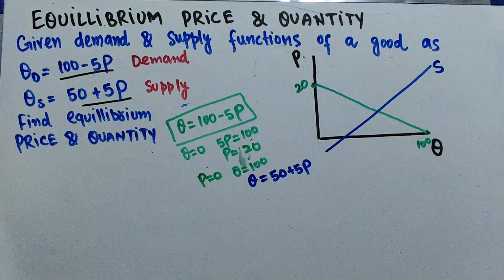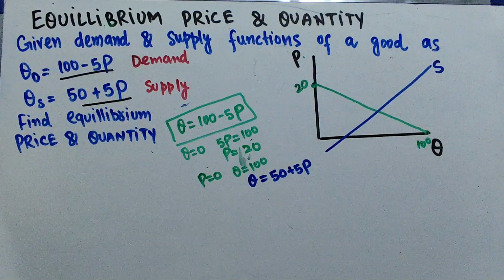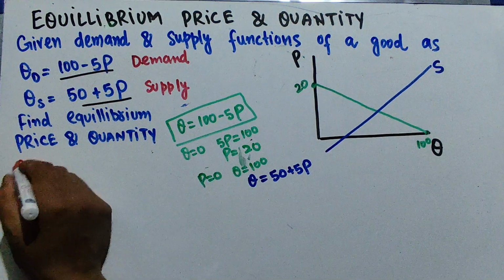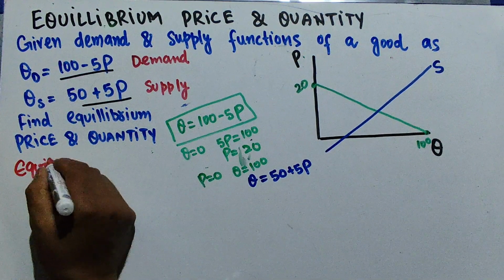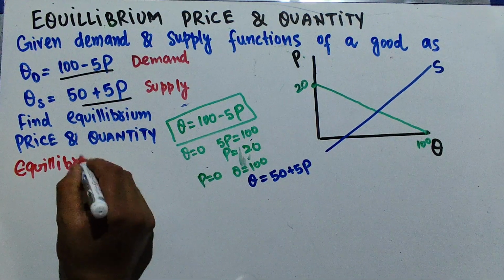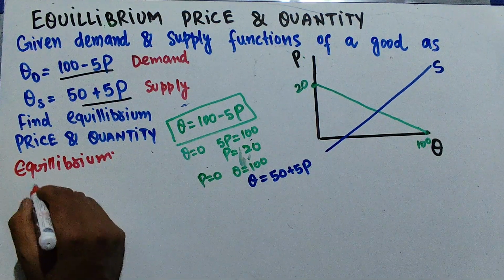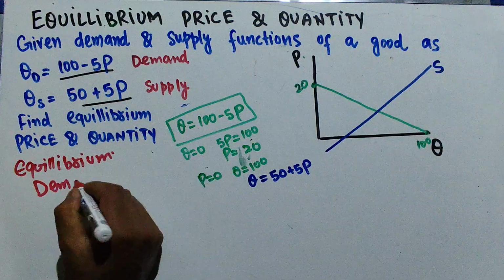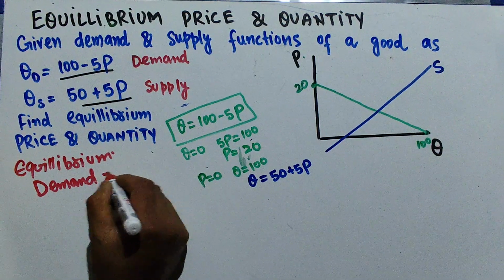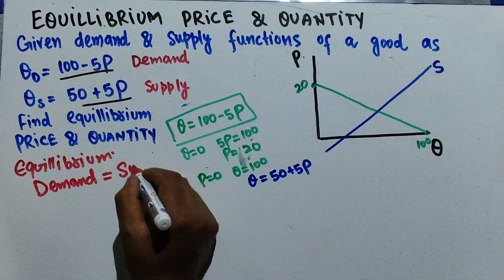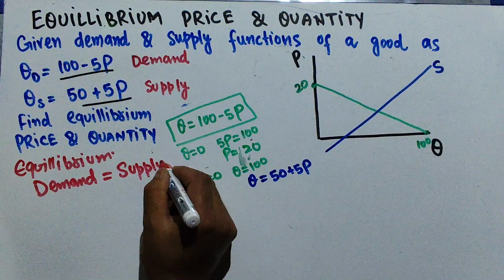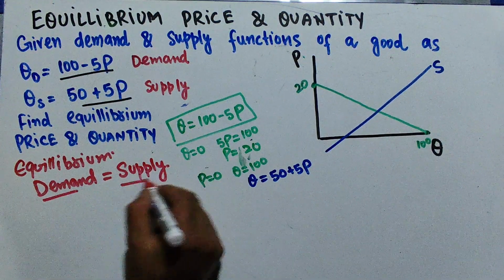Now equilibrium occurs where the demand curve intersects the supply curve, when demand is equal to supply.